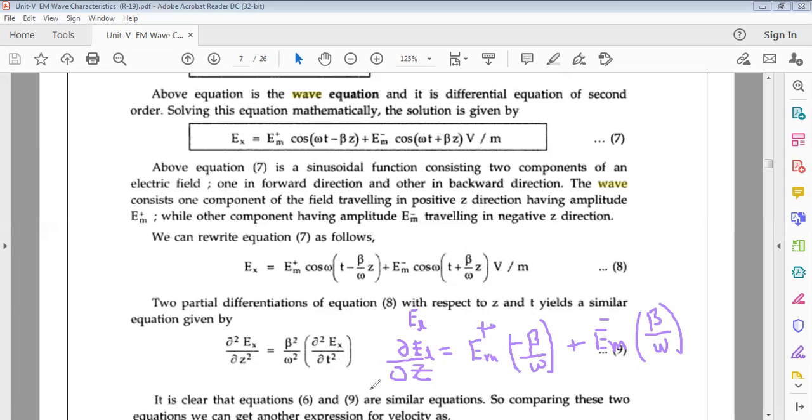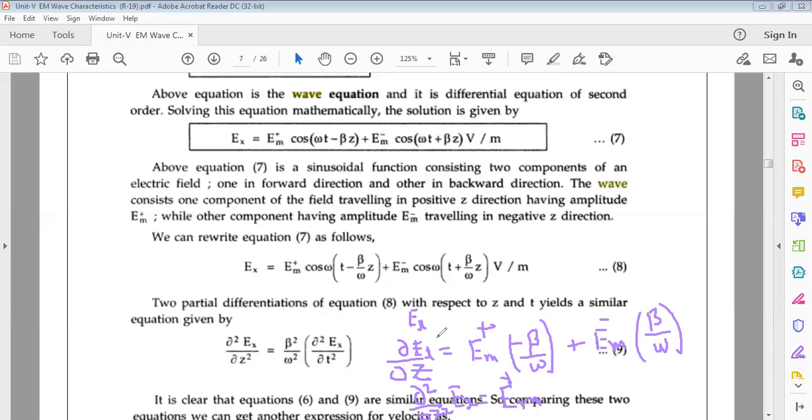Then dou square Ex by dou z square. The second derivative, now we can apply dou by dou z square into Ex. For the same function, whatever we got here, this sine function, again you can apply the derivative. Em plus is a coefficient.